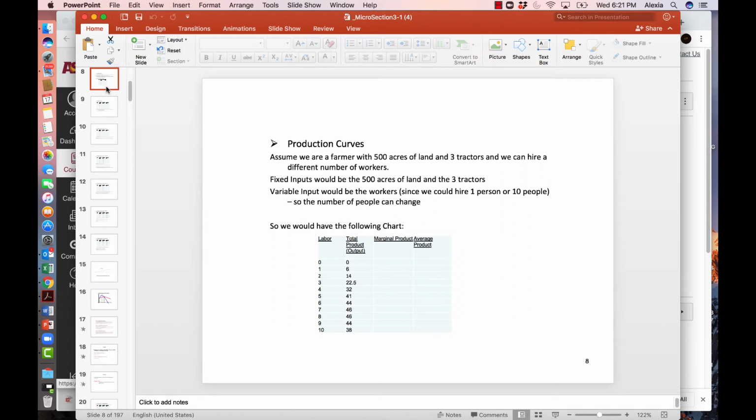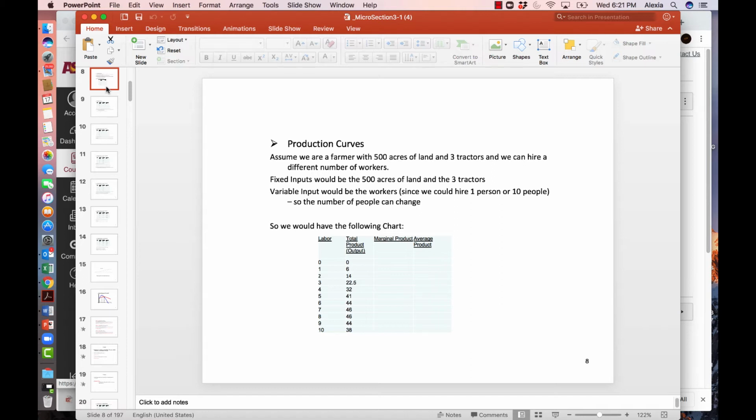So we're in the short run here. Here's the first point: production curves are a short run idea because there's always something that's fixed. But what we're allowing to change here is our variable input. Our variable input for most firms is always going to be their labor.